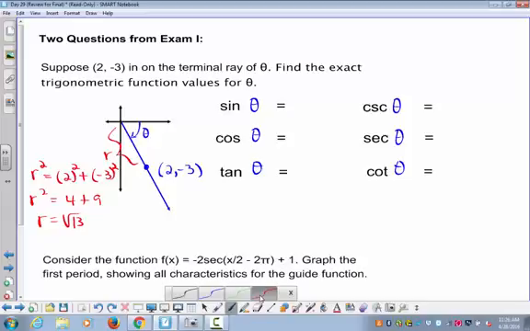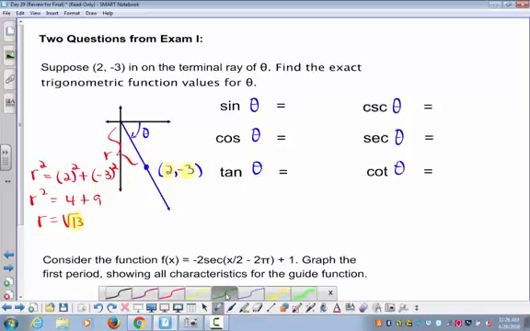And then we have to be familiar with our ratios. And so we've got all three quantities. We've got x, y, and r. And those three things get combined in 6 different ways. We just have to remember the order. So sine is going to be what?